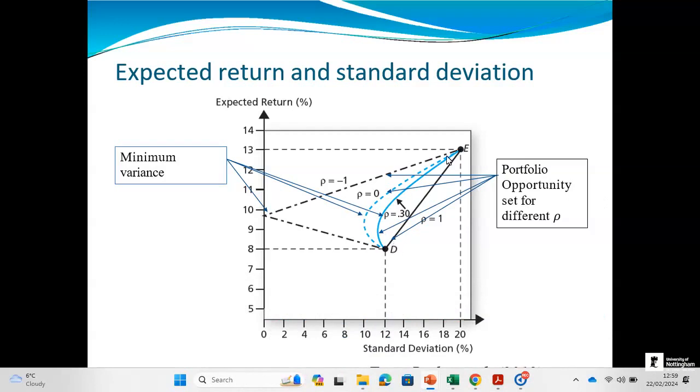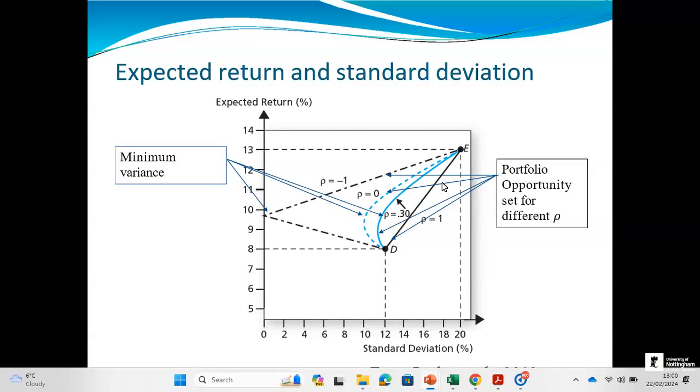Okay, so this solid line is a scenario where there is no benefit of diversification. The two assets are perfectly correlated, so there is no benefit of correlation. As you put more investment in stock E, you get closer to this point E, and as you put more investment in D, you get closer to point D on this line.